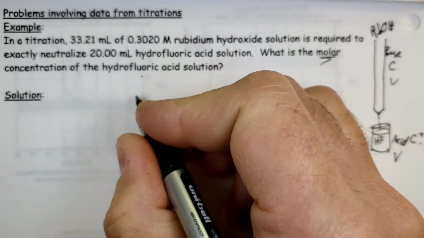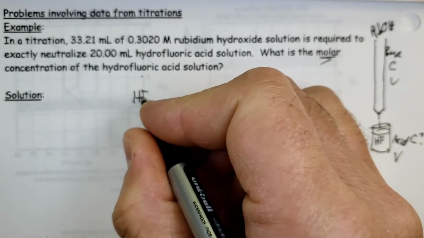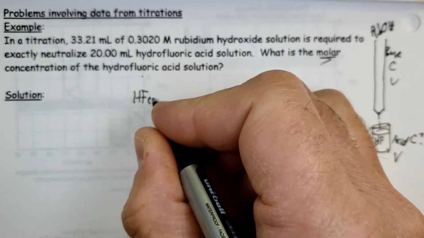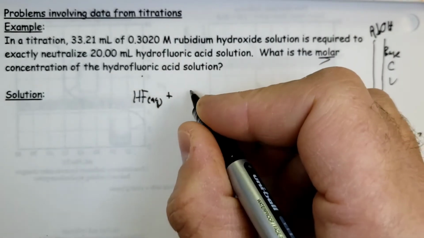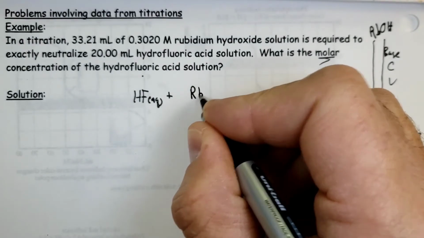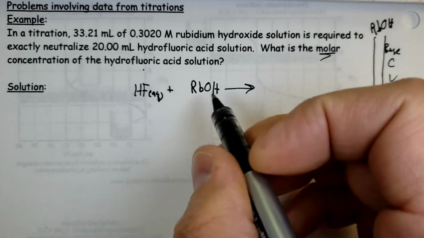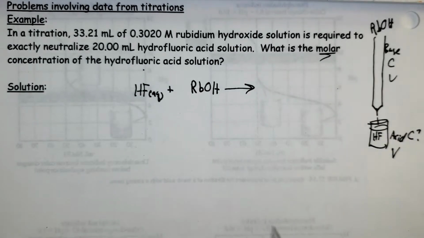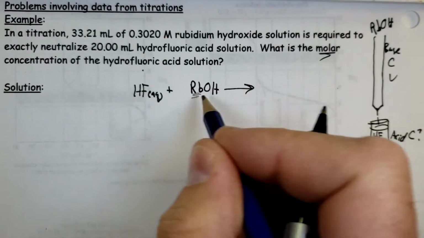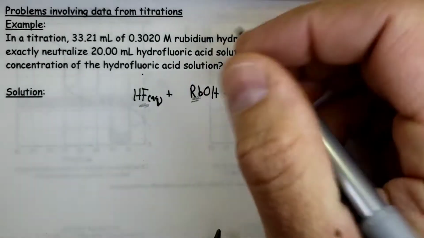So what we have to do first is write down the balanced equation. Hydrofluoric acid and rubidium hydroxide, see, it's a group 1 metal, so it's nice here, it's 1 to 1. And if we look at what we get as a result, rubidium and fluoride.